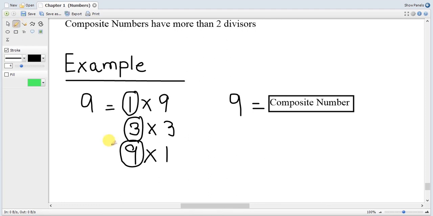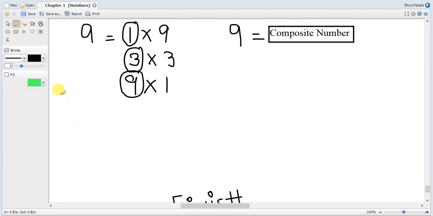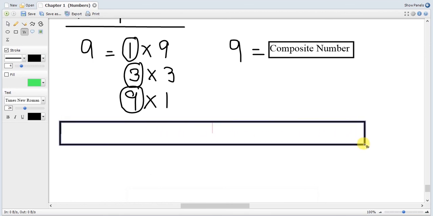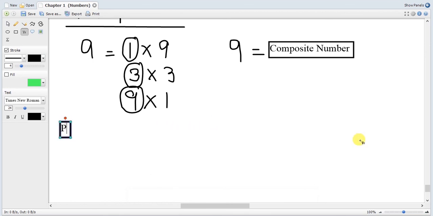Now here let's list a few prime numbers and a few composite numbers.